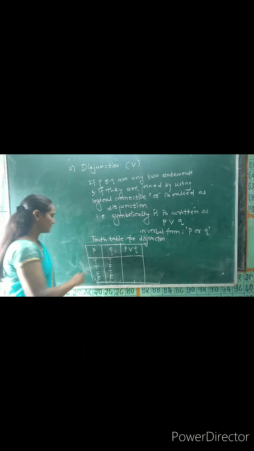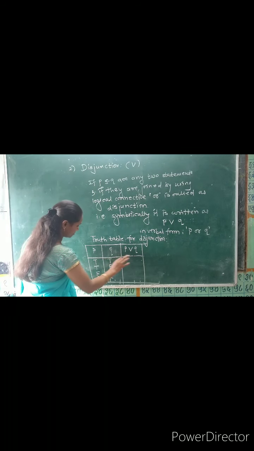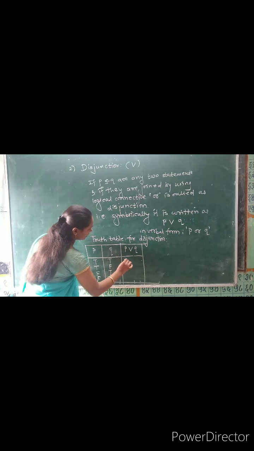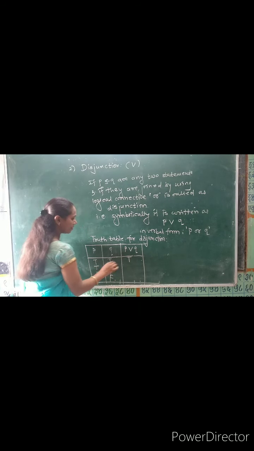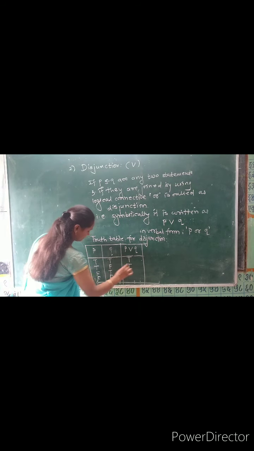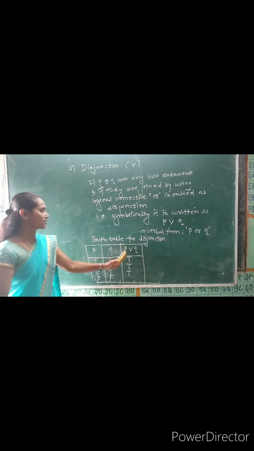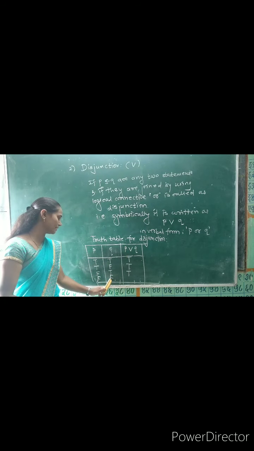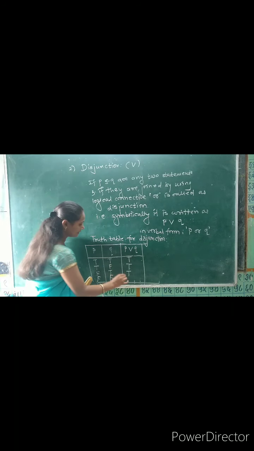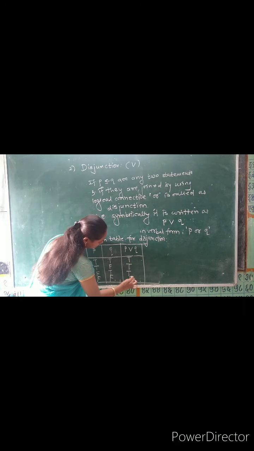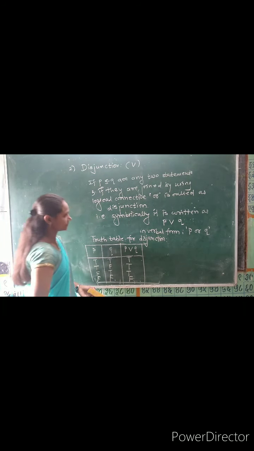In all other cases, the disjunction is true. T or T is T. T or F is also T. F or T is also T. And if both the statements are false, then the truth value is false.